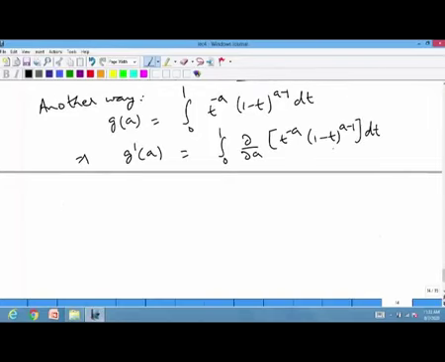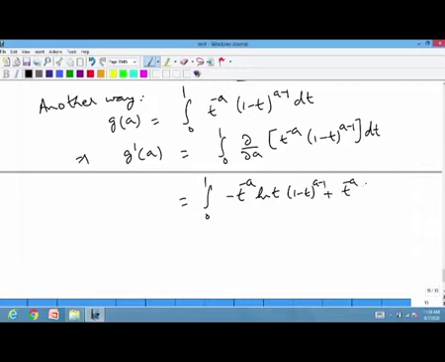Now, we can calculate this derivative with respect to a of the integrand, that is equal to minus t to the minus a log t (1 minus t) to the a minus 1 plus t to the minus a (1 minus t) to the a minus 1 and log(1 minus t), dt.